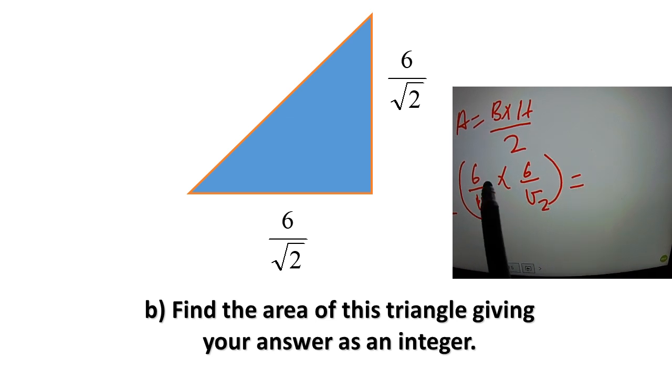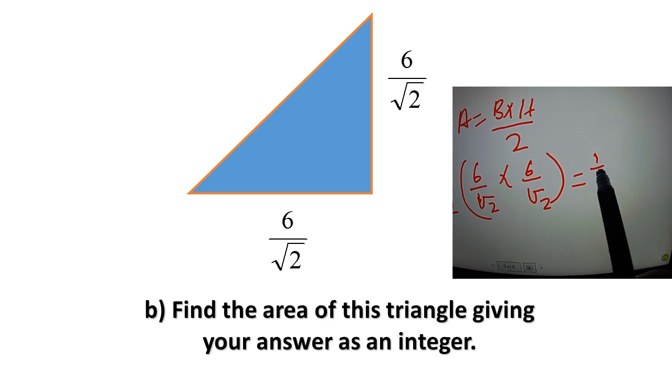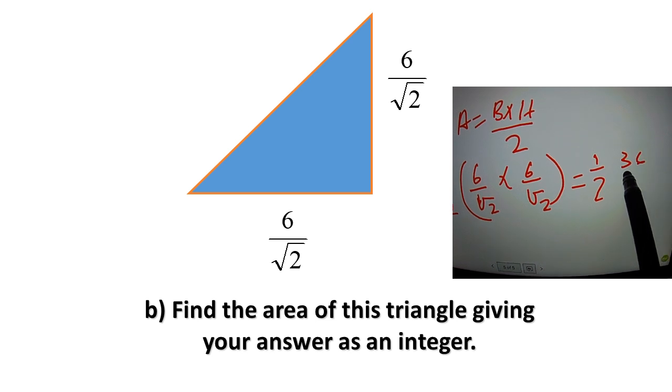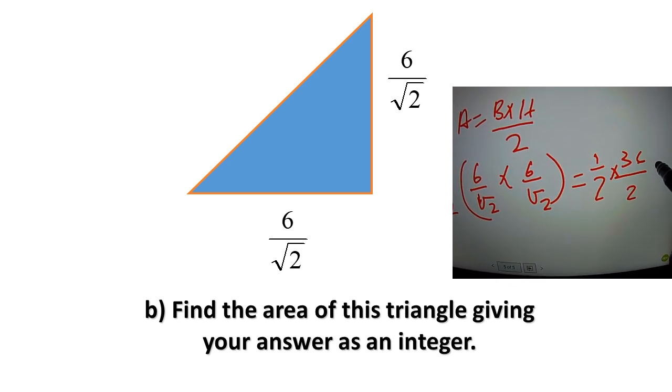So I will multiply 6 times 6, that's 36. Keep the half outside, so that's 36 over 2. Okay, so 2 times 2 is 4.